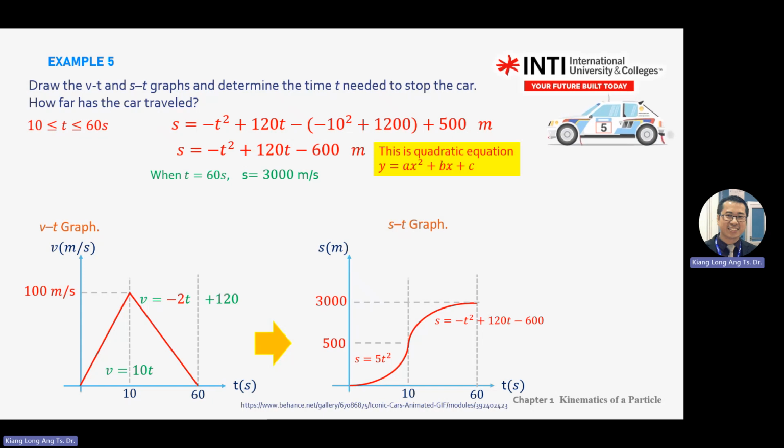The third one: delta s equal to u t plus half a t squared. So these are the fifth equation, sixth equation, seventh equation.